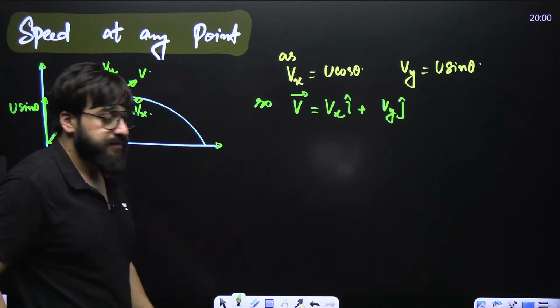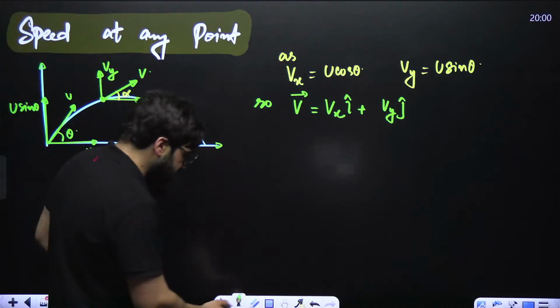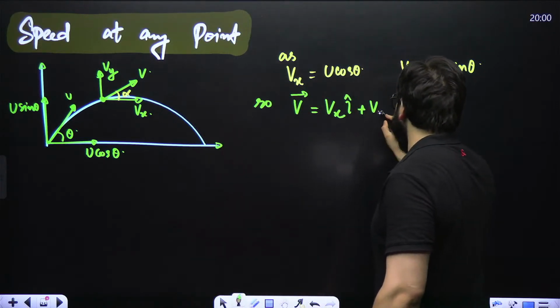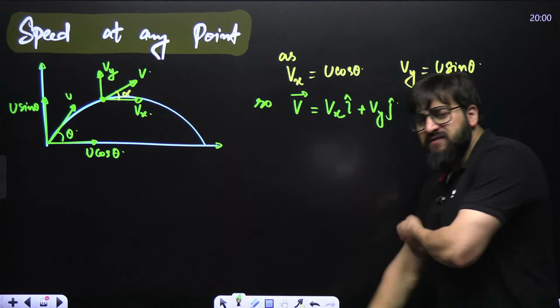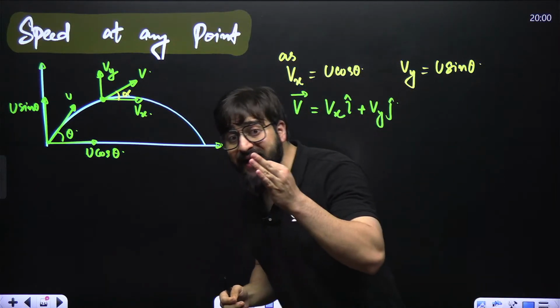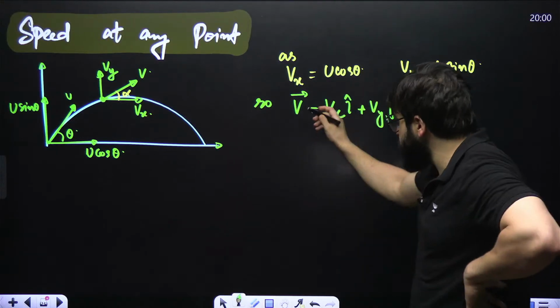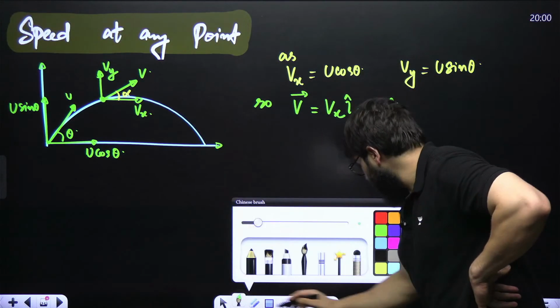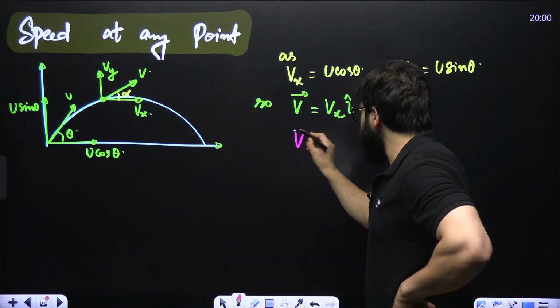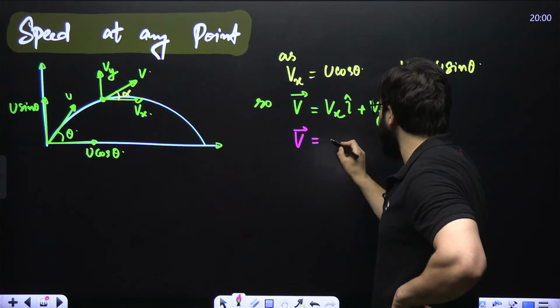So this is basically the velocity over here, that is Vy into j cap. Now guys, tell me one thing. I would want you guys to understand one thing. We can write this velocity V is equal to, what is the value of Vx?